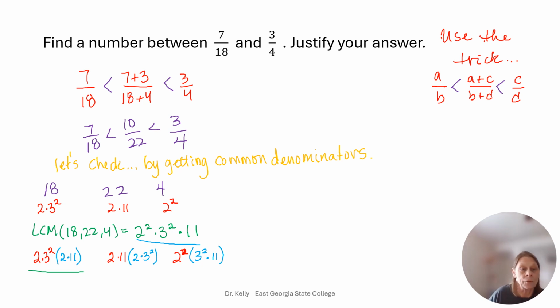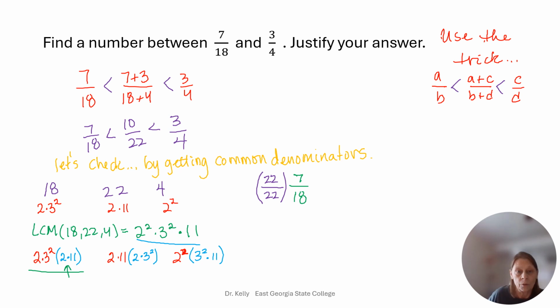So now let's put it together here. So we've got 7 over 18, and we determined we need to multiply the 18 by 22. So whatever we do to the bottom, we got to do to the top. So we're going to have to do 22 on top and 22 on the bottom.